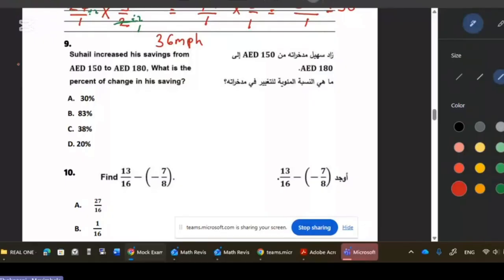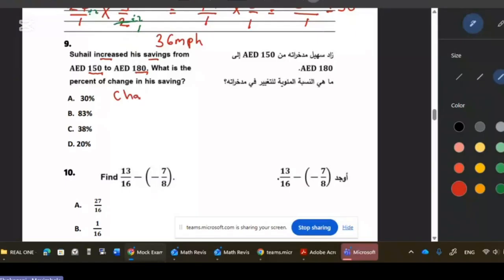It says to us, Suhail increased his savings from 150 to 180, right? So you can see there was an increase. It even said to us it was an increase. So to do this, I'm going to say, find the change first. How much was the change?